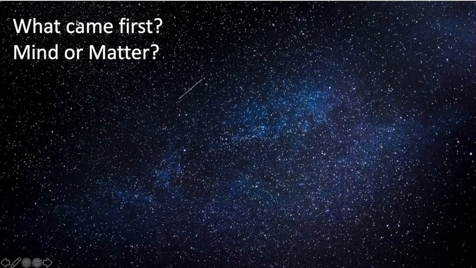So let's ask ourselves this question. What came first, mind or matter? Let's do matter first. If we take the position of matter, there was one unified entity at one time. And because there's no space, there's no time, this is before there is the concept of time.